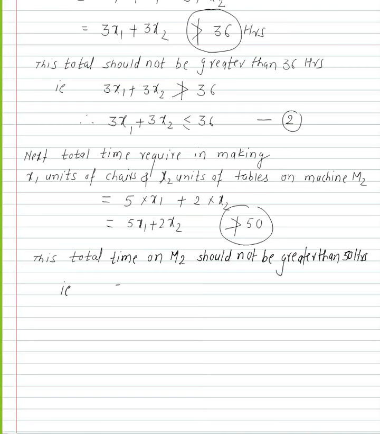That is, 5x1 plus 2x2 should not be more than 50 hours. So the constraint is: total time required on machine M2 is less than or equal to 50. This is the constraint on machine M2. Suppose this is equation number 3.